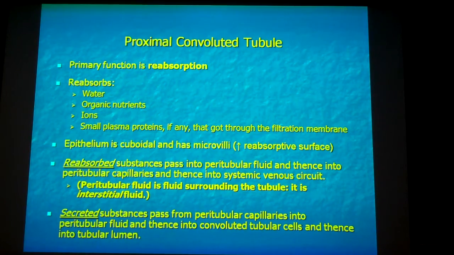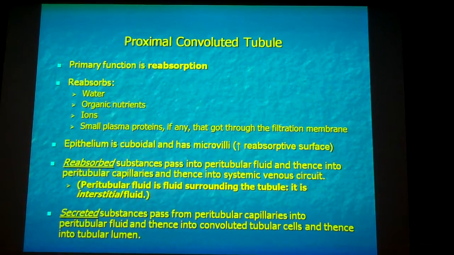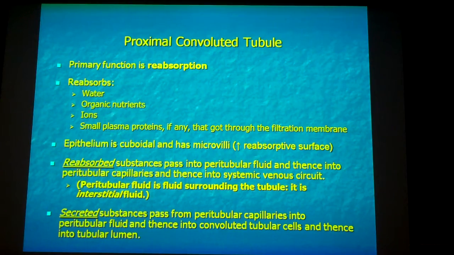All right? Now, as I mentioned before, these reabsorbed substances are going to pass into the fluid surrounding the tubule. This is interstitial fluid. In the kidney, we commonly call it peritubular fluid. Peri means around, doesn't it? And then into the capillaries, and of course, then we'd be in the systemic circuit, wouldn't we? And as I mentioned previously, secreted substances move in the exact opposite way.